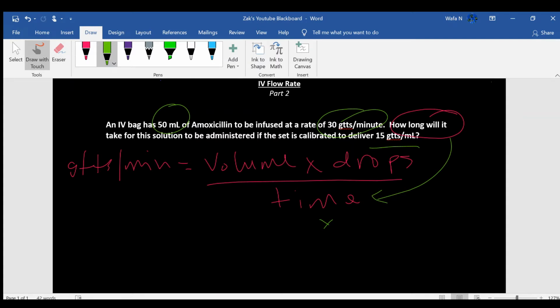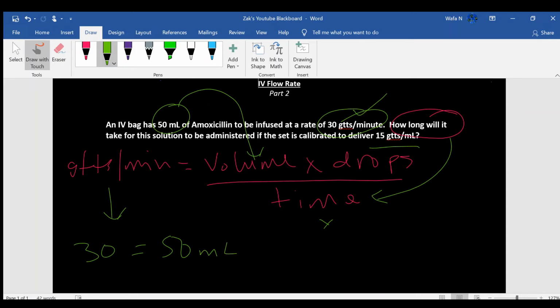So the drops per minute is, as you can see here, the 30. The volume, what do you think the volume is? The volume is the 50 milliliters. So we're going to bring the 50 mL here.